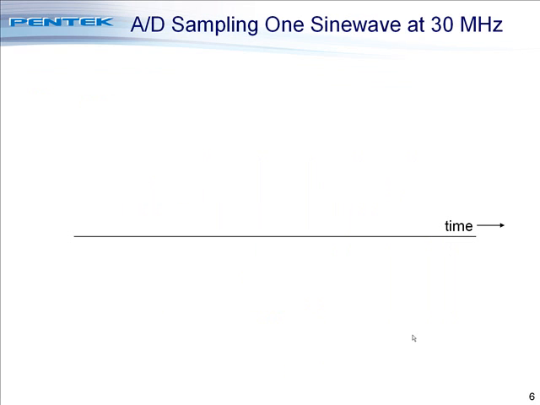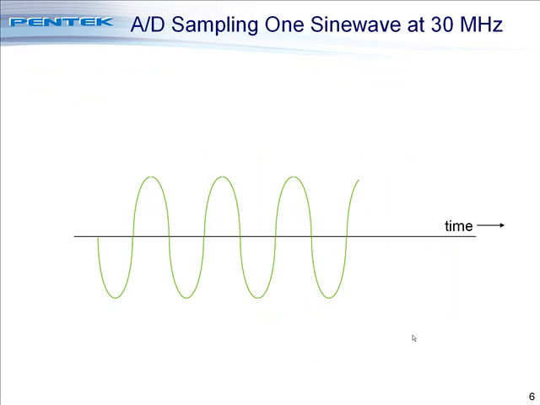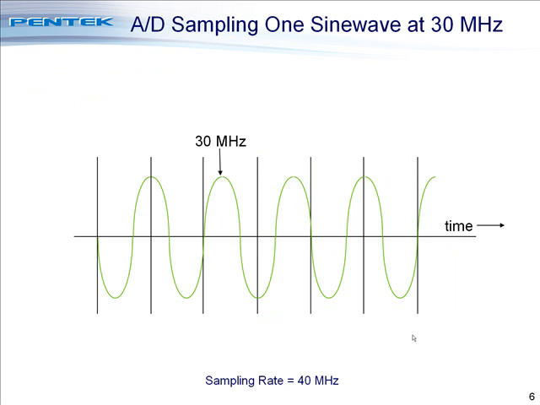Let's now shift the frequency to an input of 30 megahertz. Here's a 30 megahertz input sine wave. We're going to sample at our same 40 megahertz rate, 40 megasamples per second. You can see the samples that are generated at each sampling interval look familiar.